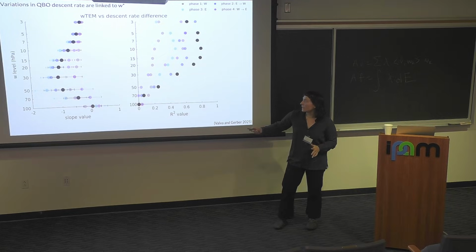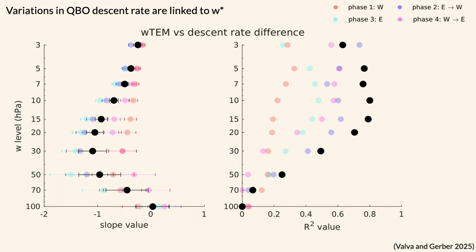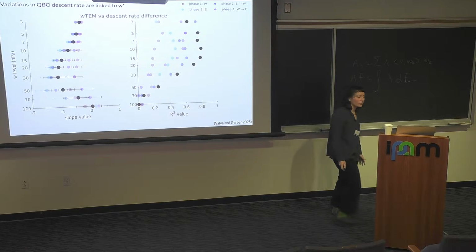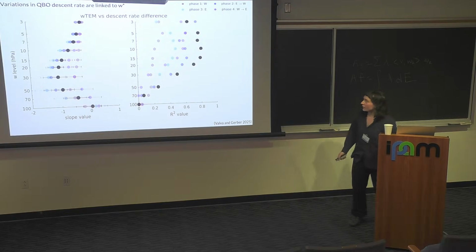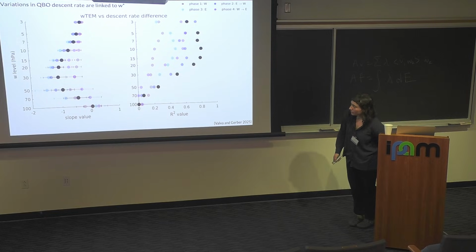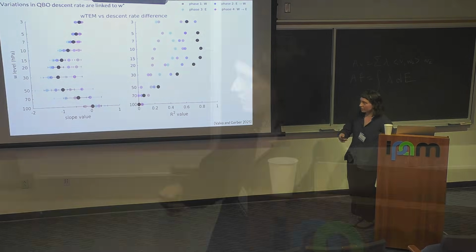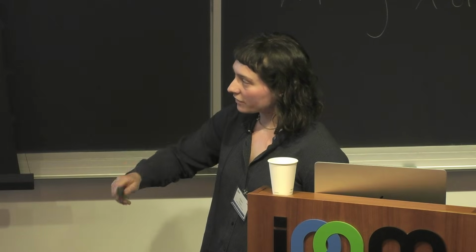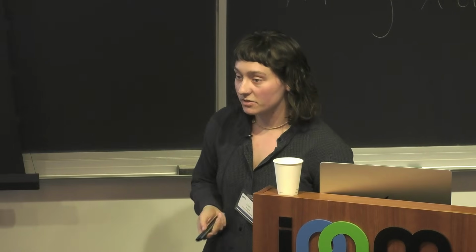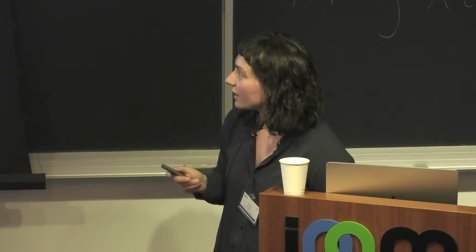On the right, I'm showing the R² value for all of these linear regressions, where by the time we get to the upper stratosphere, about 15 hPa, upwelling explains nearly 80% of the variability in this descent rate. So this is a pretty significant portion of how this phase locking behavior appears. We did some later experiments comparing other causes, but to first order, this upwelling really seems to be what is affecting this QBO descent.